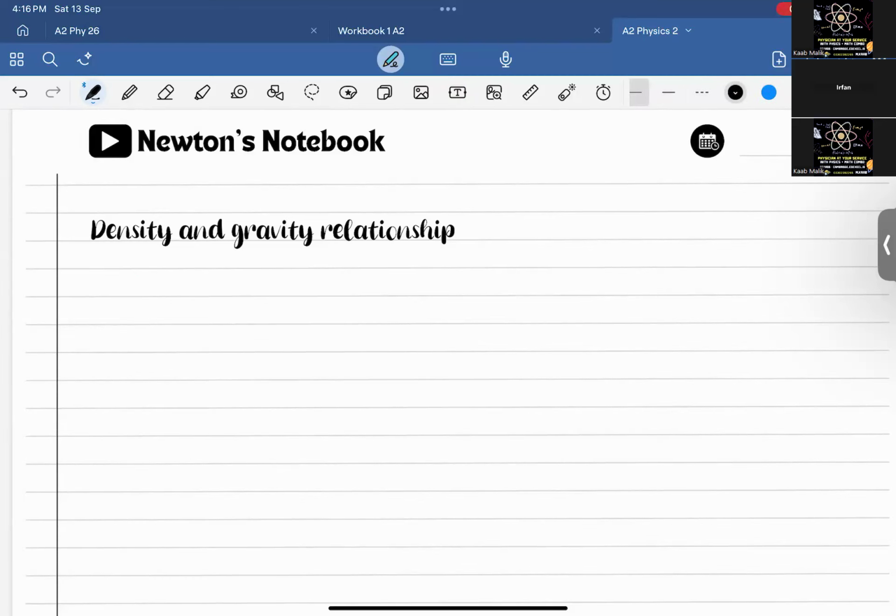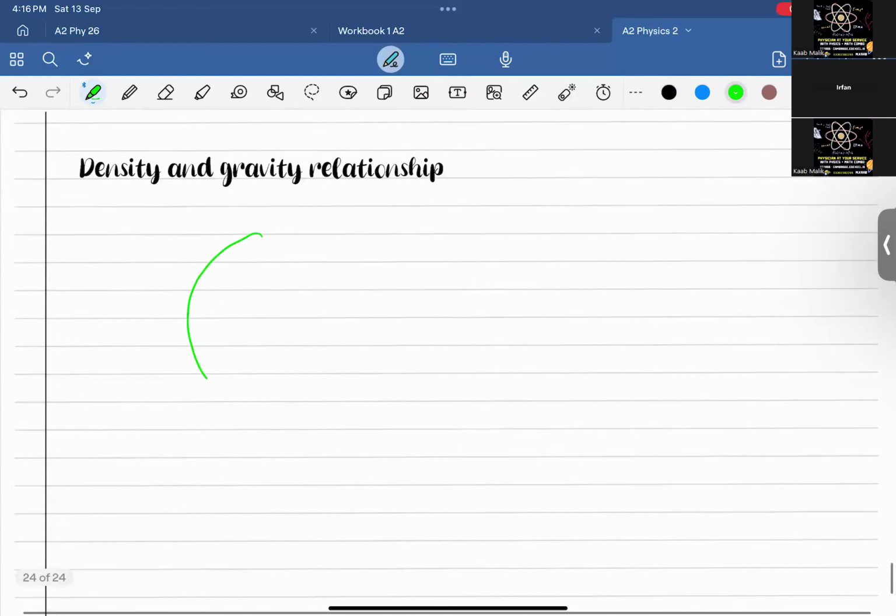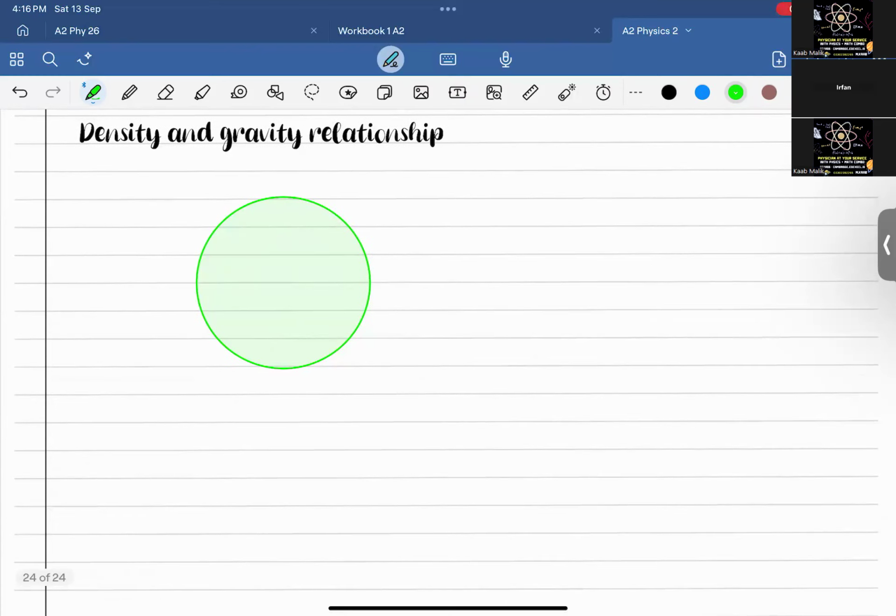So if I have a planet, and this is the radius of the planet R, and the gravity at the surface is g, let's try to relate the density and the gravity together.